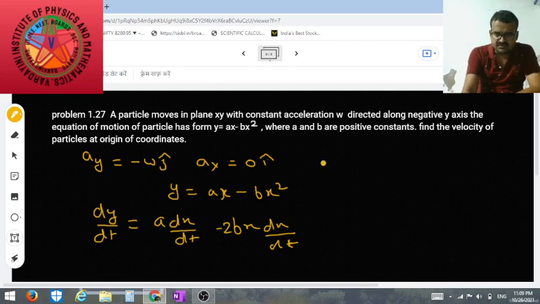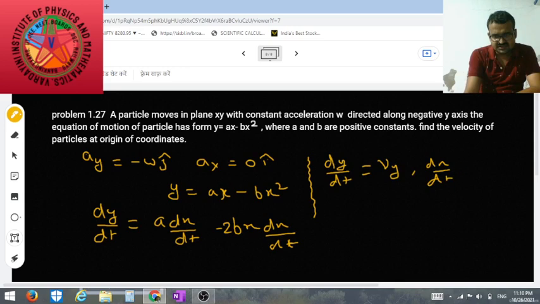Now you are well aware that this dy upon dt is nothing but velocity in y direction, and dx upon dt is velocity in x direction.